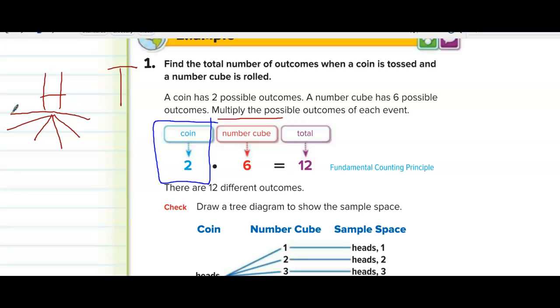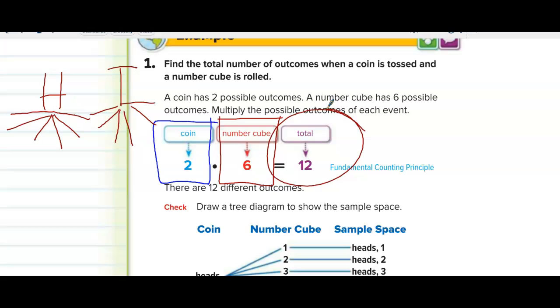And I would still have 6 from tails, right? 1, 2, 3, 4, 5, 6. So then instead of drawing that out, I could do 2 times my number of branches, which is 2 times 6. 2 times 6 is 12. So that gives me my total number of outcomes.